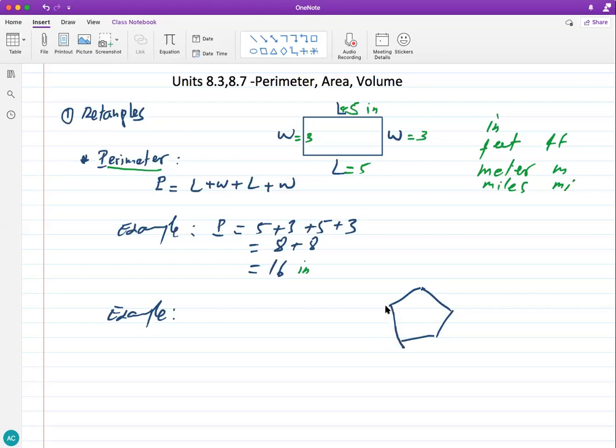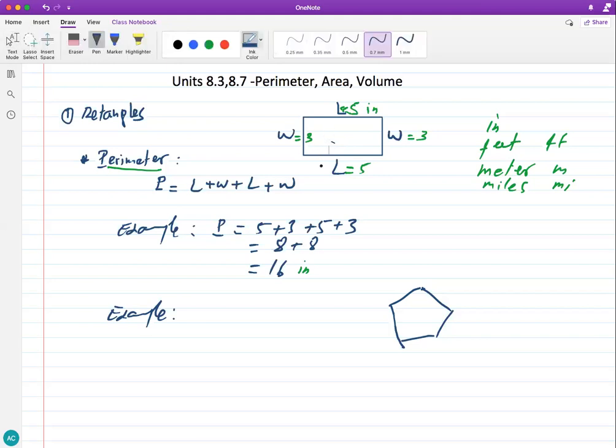If it has 8, it's an octagon, depending on how many sides. Of course, this is a rectangle with 4. It could also be a parallelogram. And of course, when it has 3 sides, we call that a triangle. So 5 sides in this case. This is a pentagon, approximately. And usually the pentagon, let's assume all these distances are equal.